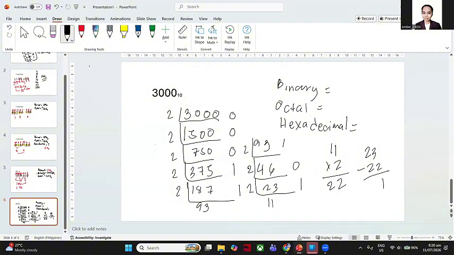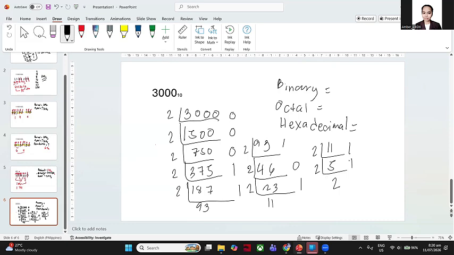It's always 1 when it is not divisible by 2. Then 11 divided by 2 is 5, with a remainder of 1. Then 5 divided by 2 is 2, remainder 1.